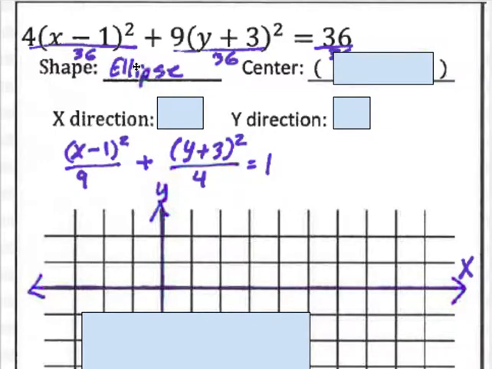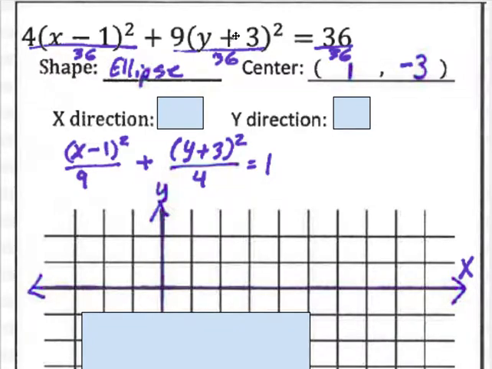So again, my shape is an ellipse, and this time I have a minus 1 here and a plus 3. So my center is going to be at positive 1 and at negative 3. I know traditionally with our transformations, your y value, if it was plus, it was going up. If it was negative, it was going down. But this is not the case with any of your conic shapes.